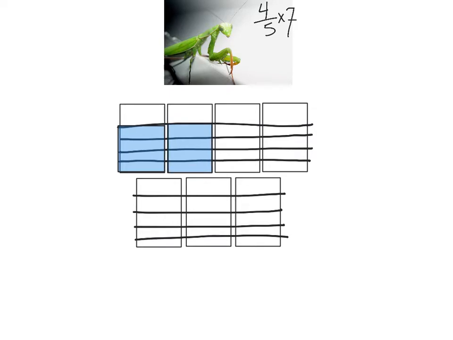And then I get 4 out of 5 for this one, and 4 out of 5 for this one, and keep rolling, 4 out of 5 for this one, and 4 out of 5 for this one, and then my last one, I get 4 out of 5 for this one, right?